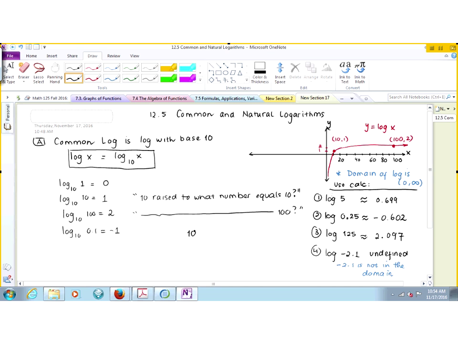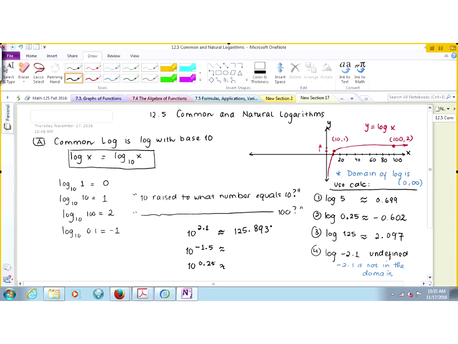Now, can you also use your calculator to calculate this? What is 10 raised to the 2.1? What is 10 raised to the negative 1.5? What is 10 raised to the 0.25? So I think it's the same as the log button. If you press second or something, do you see them using the same button? 10 raised to the 2.1 is approximately what? 125.893.